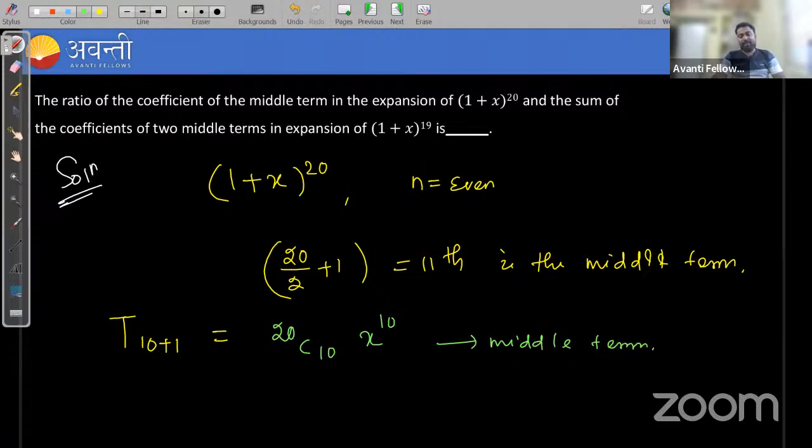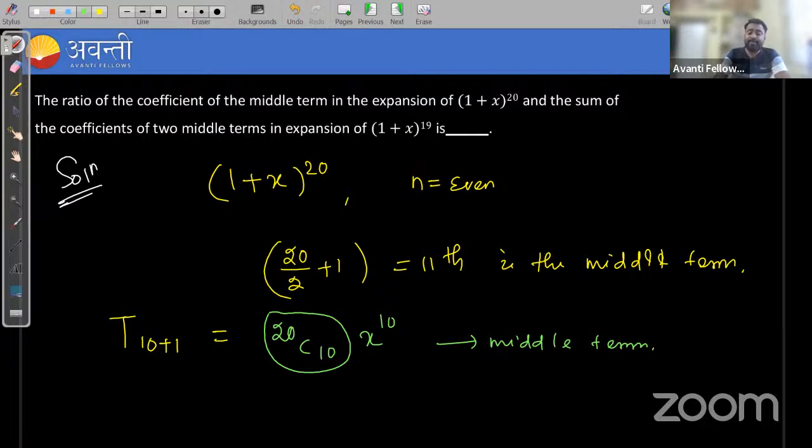This is also the highest binomial coefficient, because the binomial coefficient of the middle term of an expansion always gives you the maximum value.